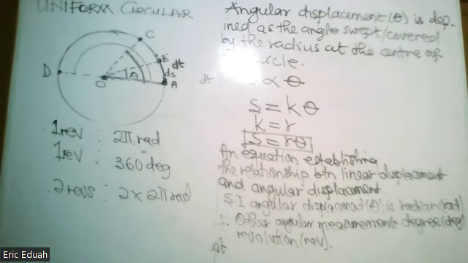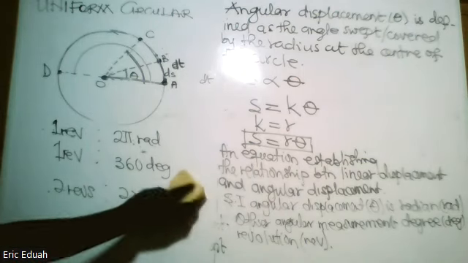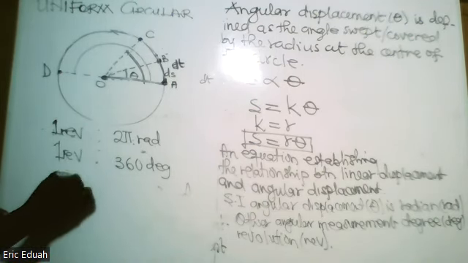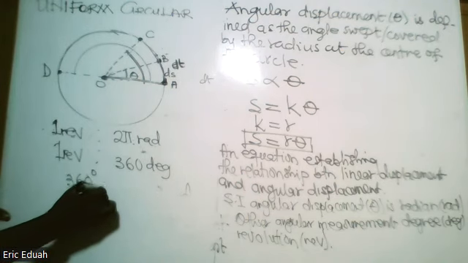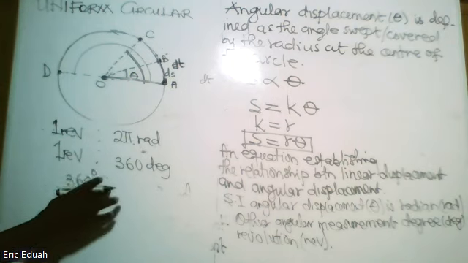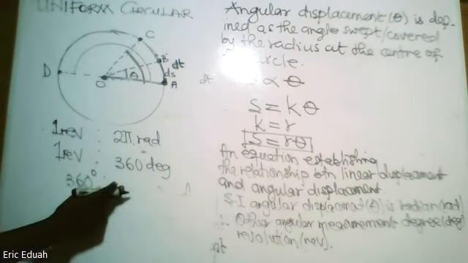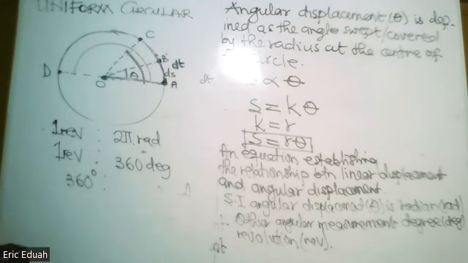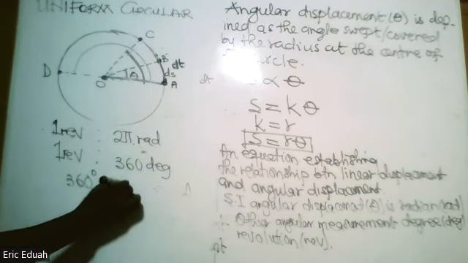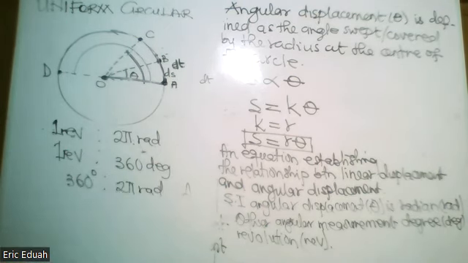What this means is that a revolution or an angular displacement of 360 degrees will be equivalent to what in radian? 2 pi radian.